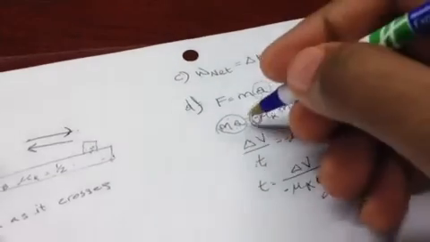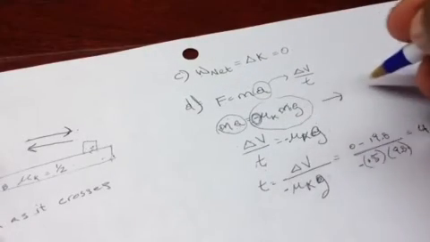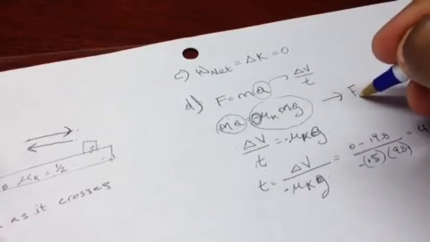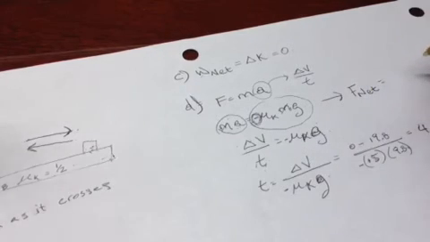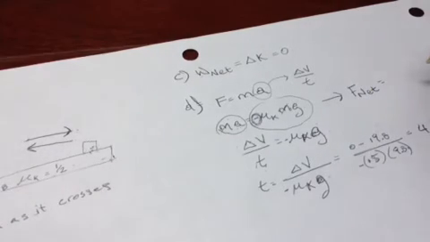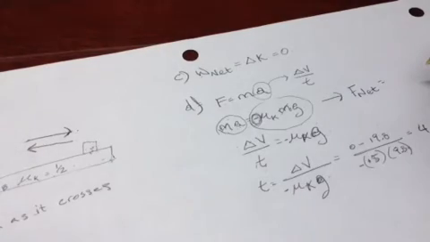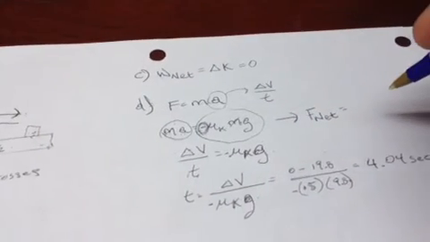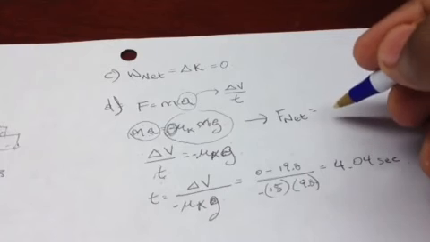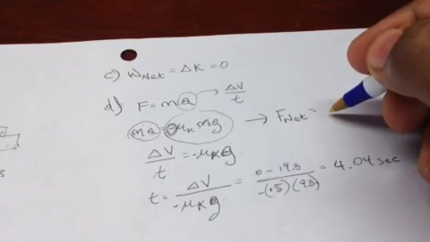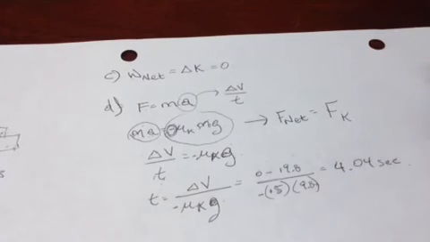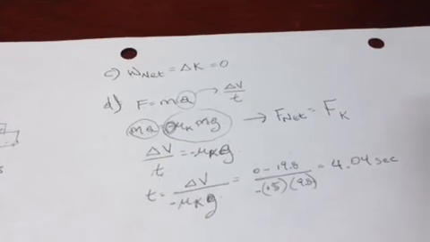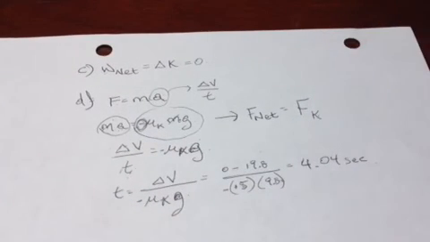Alright, so to clarify at this point a little further, all this is saying is that the net force is equal to, well, the sum of all the forces acting. We're only focusing on the x direction. So that would mean the only force in the x direction is the force due to kinetic friction.